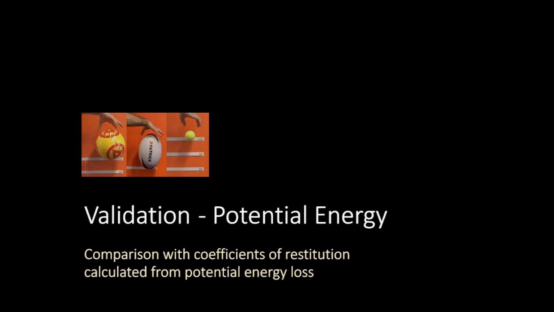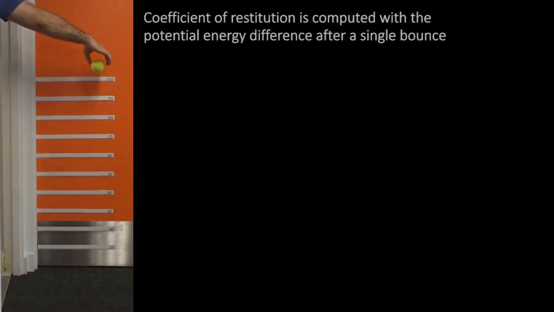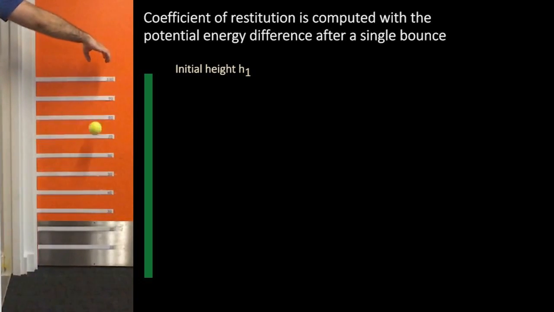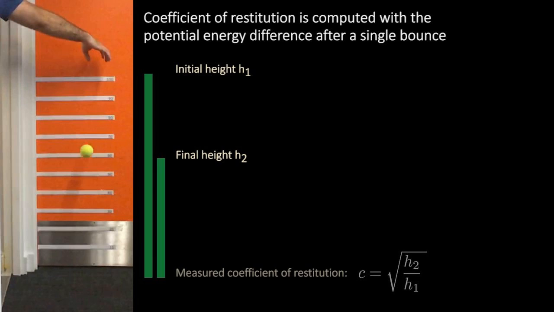We validate our estimates of coefficient of restitution by comparing to measurements made using the height method. The coefficient of restitution for two objects can be defined as the fraction of kinetic energy retained after collision. We validate by reconstructing 4 types of balls dropped in 12 different recordings in total.